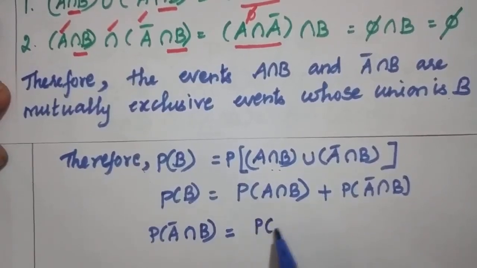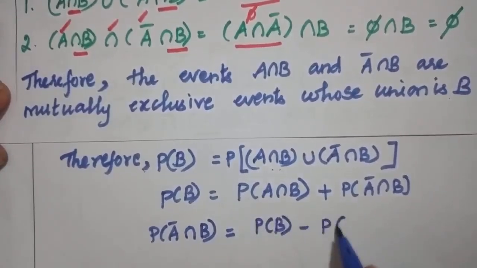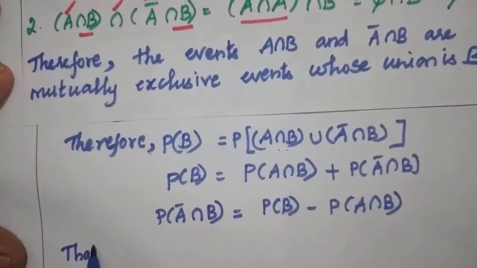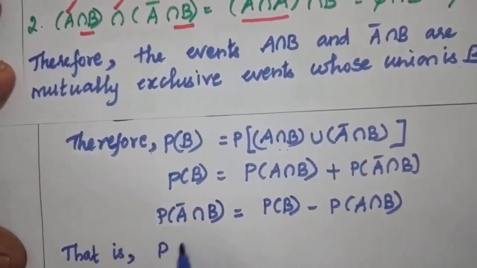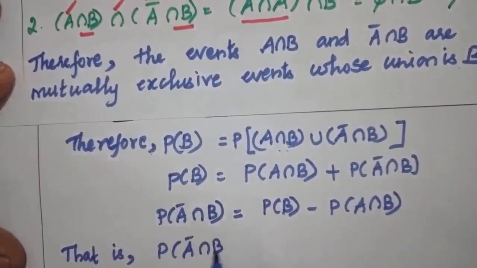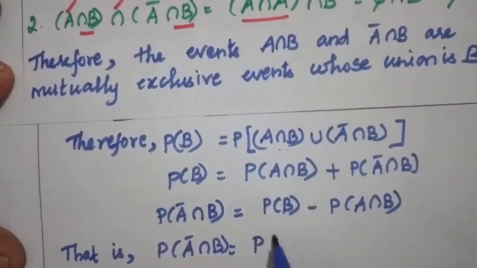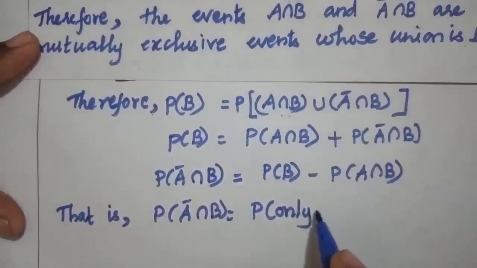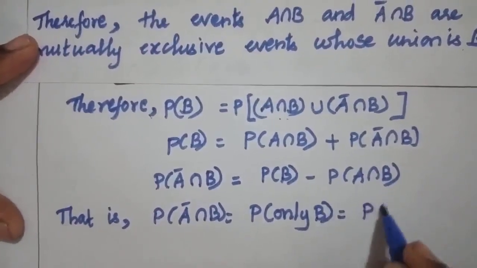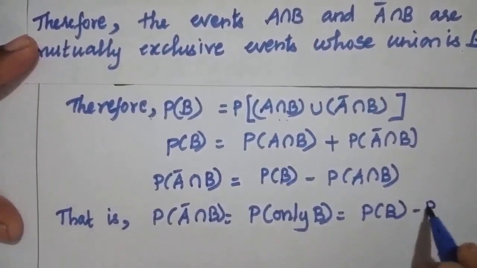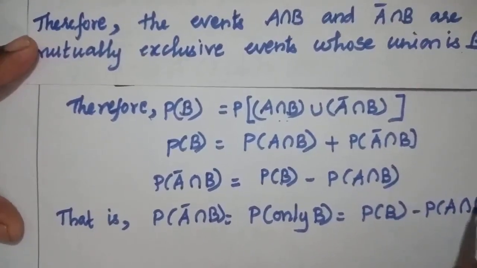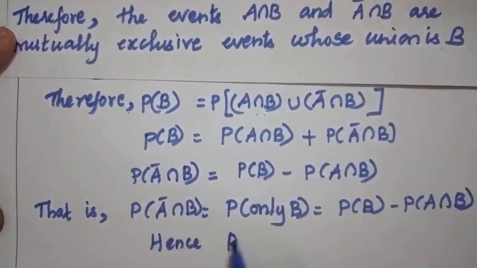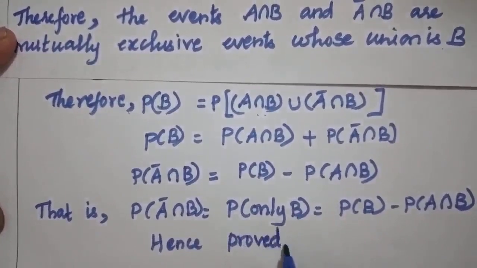We will get P of B minus P of A intersection B. So that is P of A dash intersection B is equal to P of only B is equal to P of B minus P of A intersection B. Hence true. Is it clear, students? Yes.